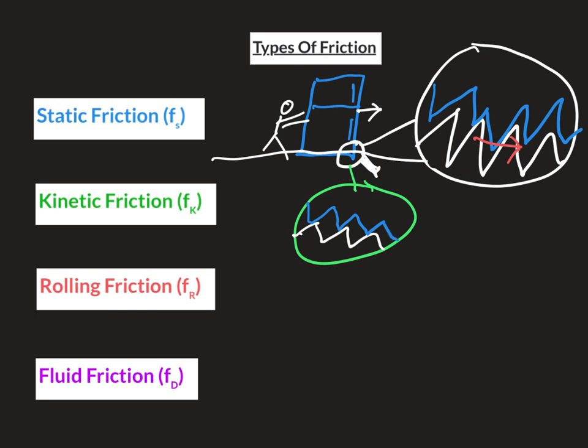So it's less of it running into each other, meaning it's going to move a little bit easier, because kinetic friction means that it's already moving. And so static friction is where it's locked in place. Those rough edges are pretty much sunk into each other. Kinetic friction, you still have rough edges that are bumping into each other, but they're not as deep set as static friction, so it's a little bit easier.